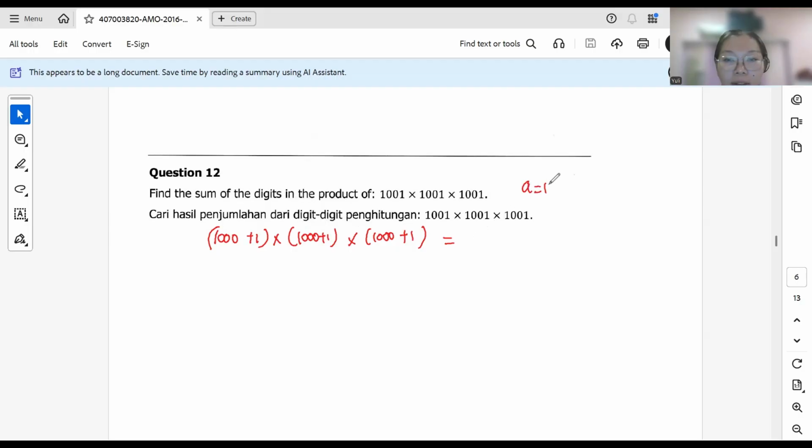A is the 1000 and B is the 1. Like this, right? So that means we expand. Well, you have to know algebra for this. And then we substitute everything. So this is 1000 to the power of 3.